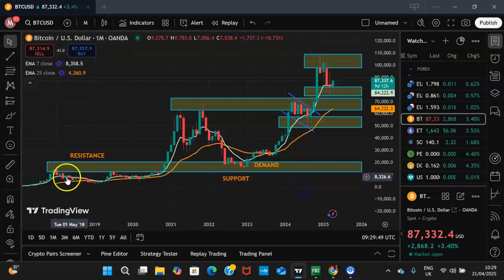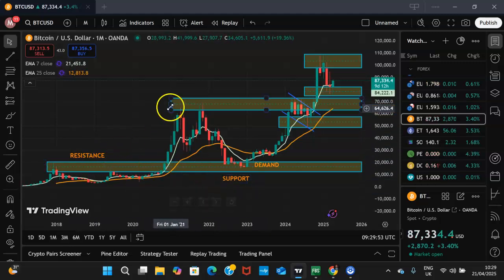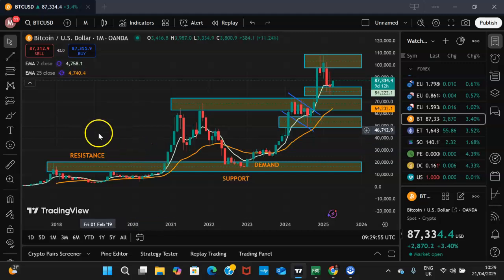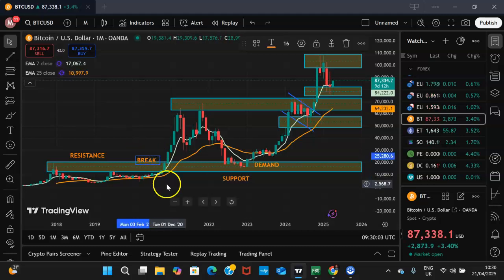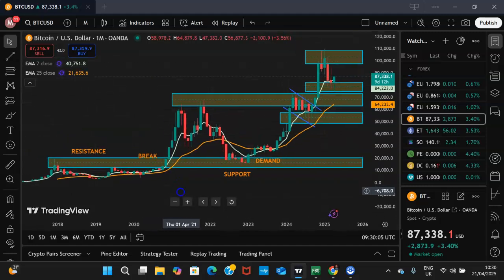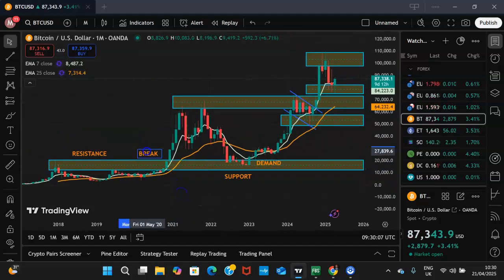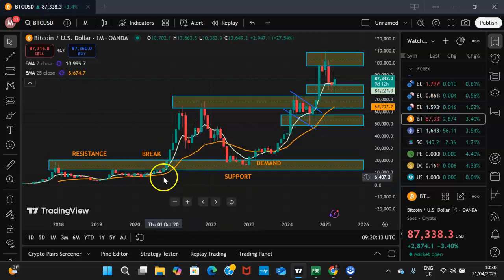Now if you notice, for resistance to become support, there must be a concept that I call the break and retest. So what you have here is actually a break of this resistance zone. Now once price breaks this resistance zone, the next time price comes to that area, we have what we call a retest.